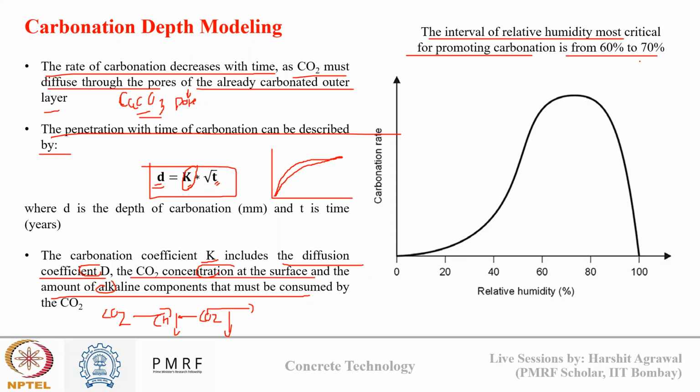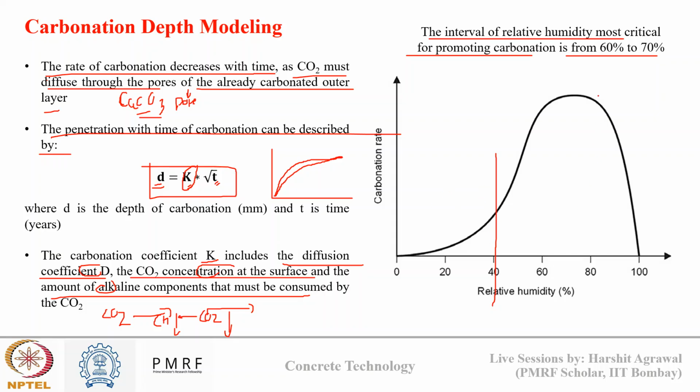Why is that so? If you remember the carbonation equation we saw, water is an essential part of that reaction: CO2 reacts with water to form carbonic acid, and that carbonic acid reacts with CH to form CaCO3. So if I have very low RH, below 40%, there won't be enough moisture available for CO2 to react.